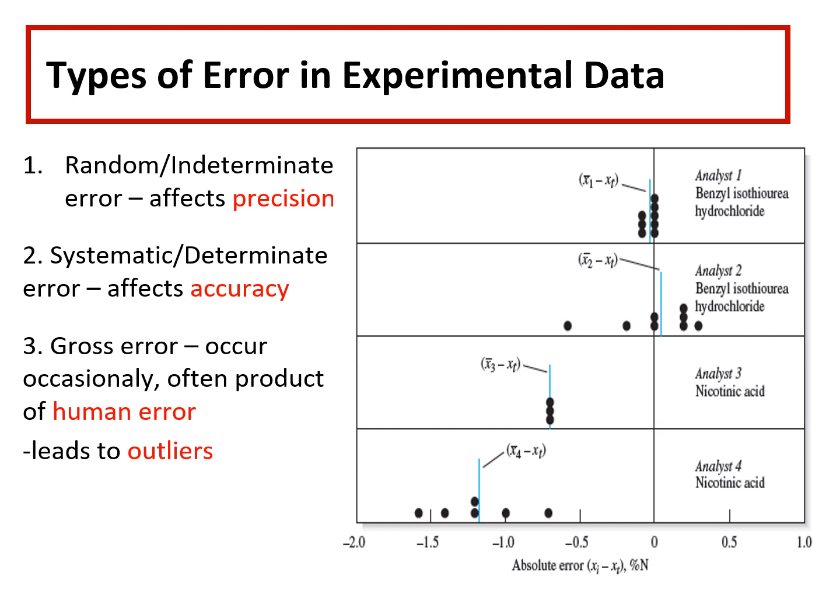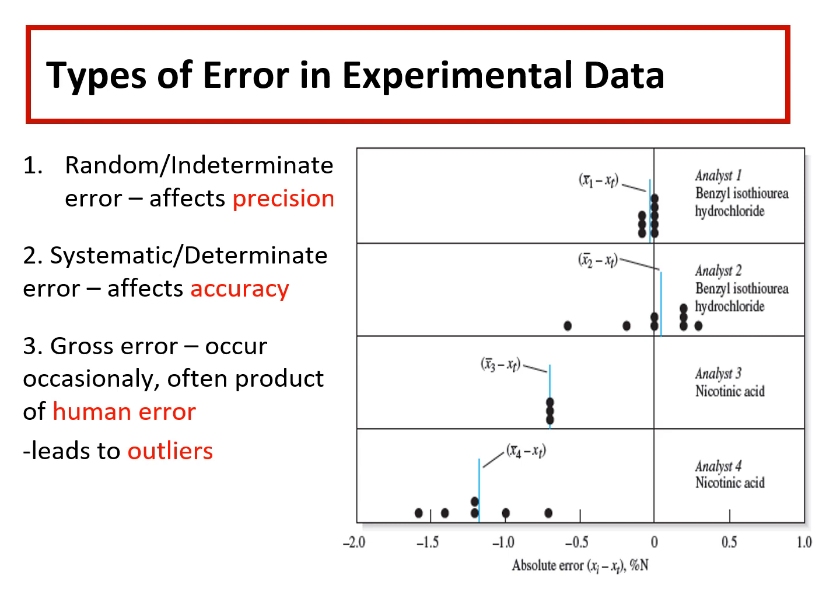Let's look at the results of analyst 3. Actually, the precision is very good, very close to each other. But we can say that there is significant error in the numerical average of the data.